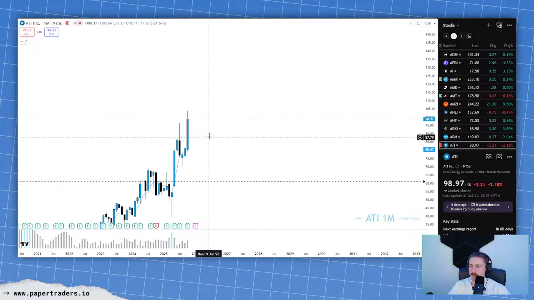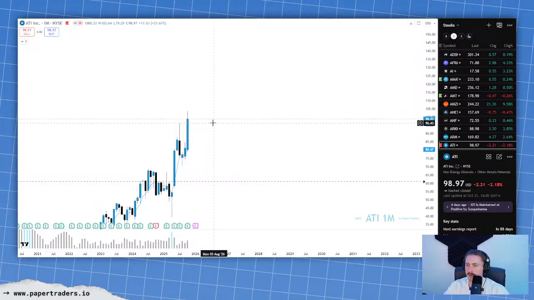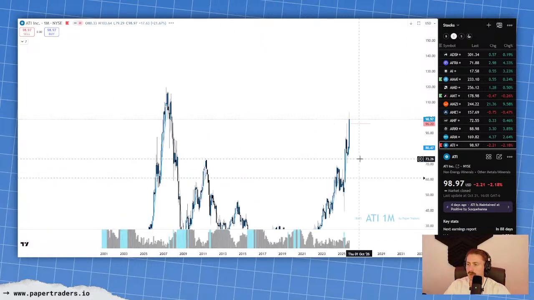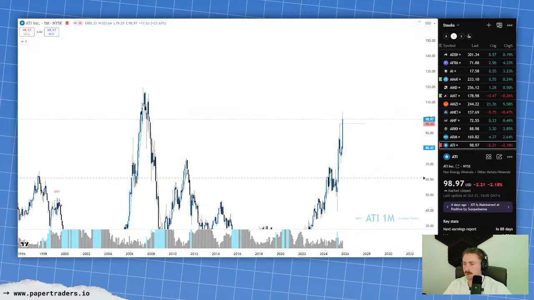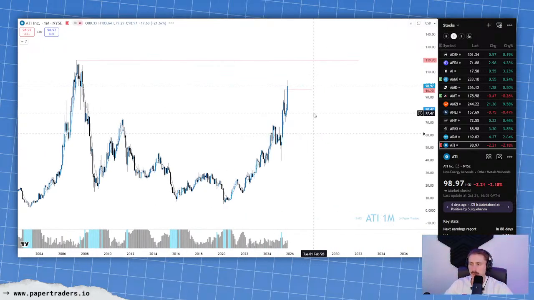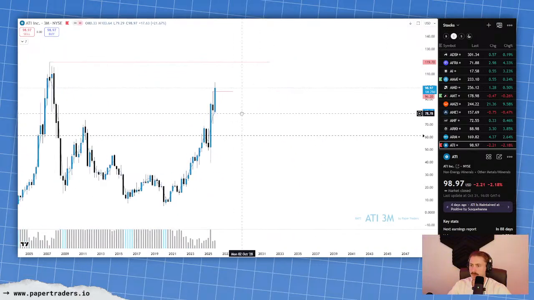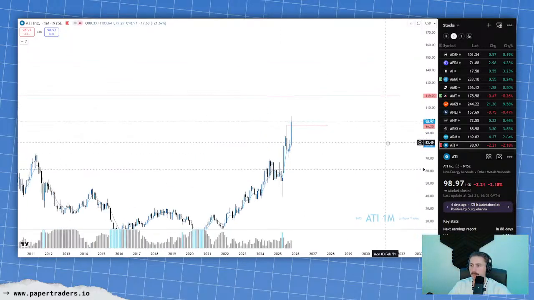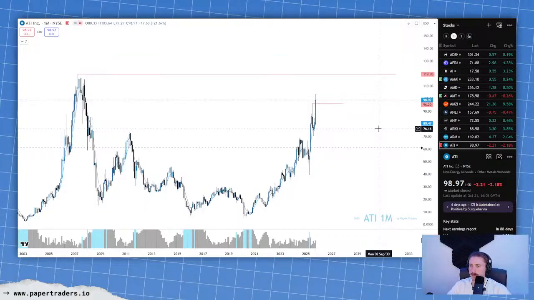And maybe a similar thing where we come back down and retest some of these breakout levels, breakout 96, and see if we can get that continuation to these highs. Right, but we also want to look on the 3 month. Yeah, 3 months looks solid. ATI is pretty good.